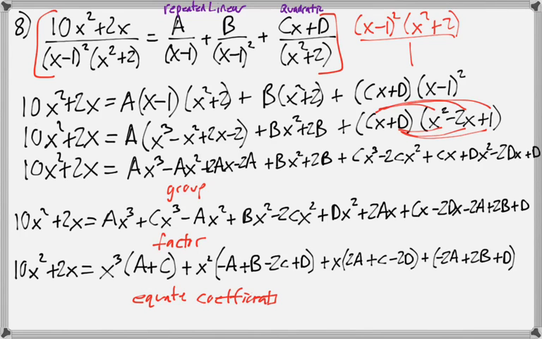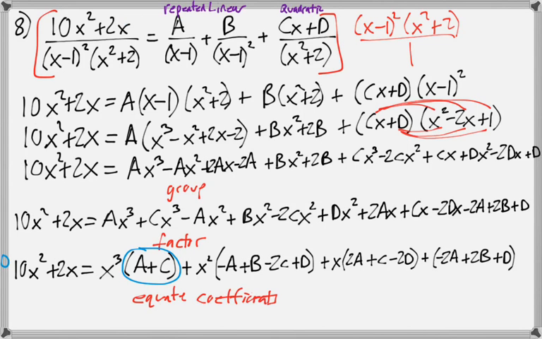Okay, so I have a plus c is equal to 0 because there's no x cubed term on that side. So I'm going to jump to our next slide, and I have an x cubed equation. It's going to be a plus c is equal to 0.